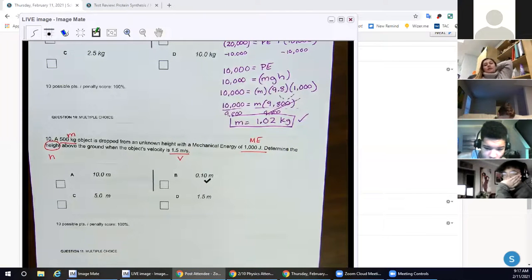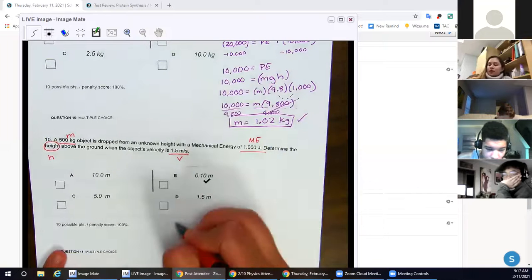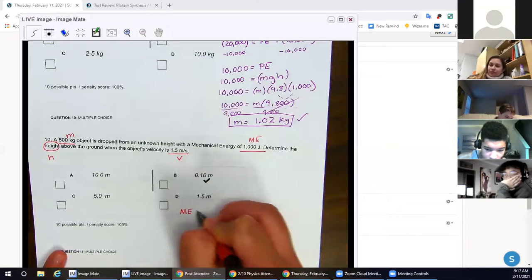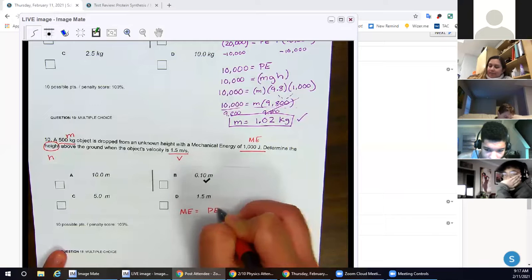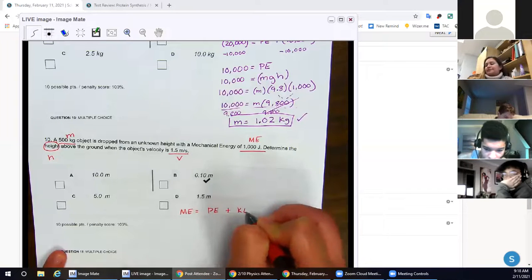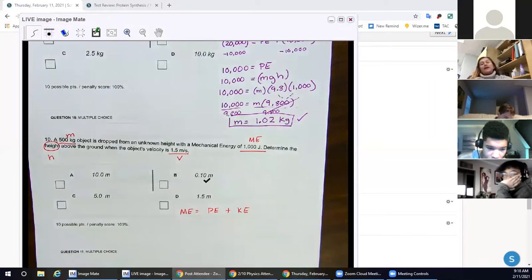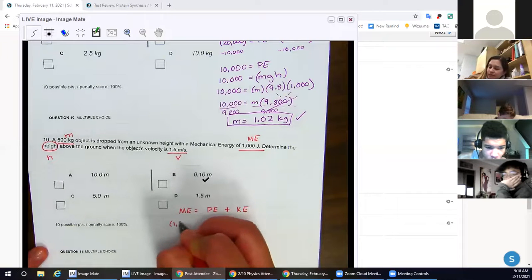So this is another mechanical energy problem. Mechanical energy equals potential energy plus kinetic energy. This time we don't have a potential and we don't have a kinetic. So we're going to have to use the formulas for both. But we do have mechanical energy, which is 1,000.